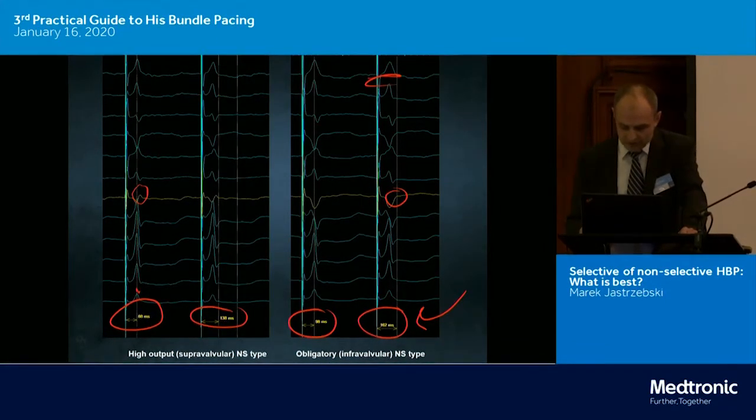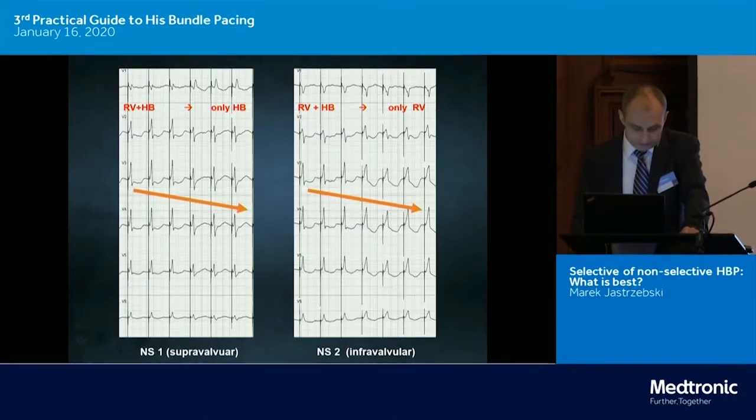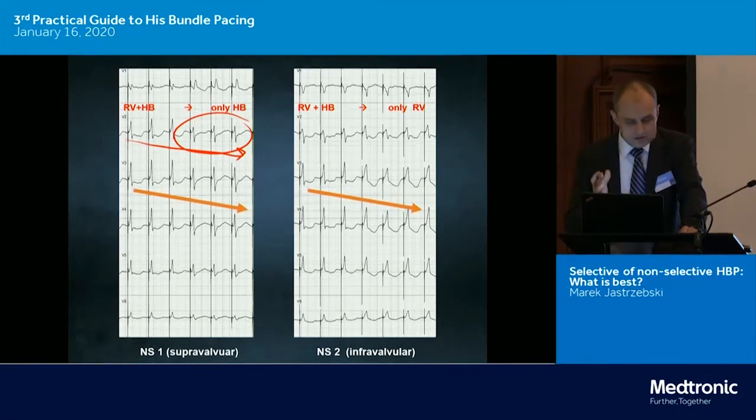Why is it possible that in the same individual we have two different non-selective QRSs? Let's look at what happens when we assess the threshold in these two positions. In non-selective position number 1, we transition to selective capture. This is selective capture. So it looks like the lead is much more in contact with the His-Purkinje system than with the myocardium. However, the more ugly, broader QRS without R prime transitions to myocardial capture.